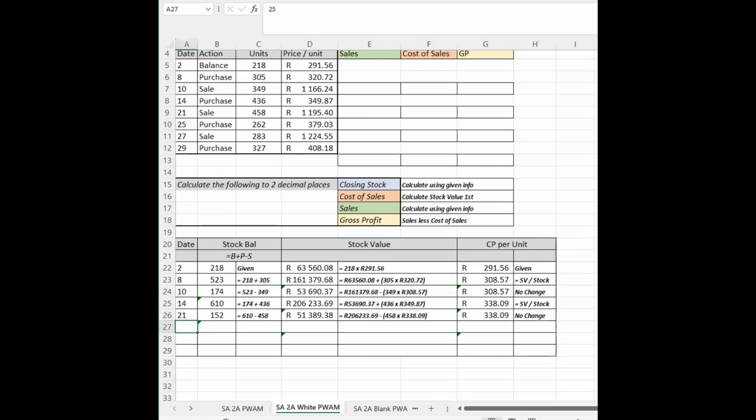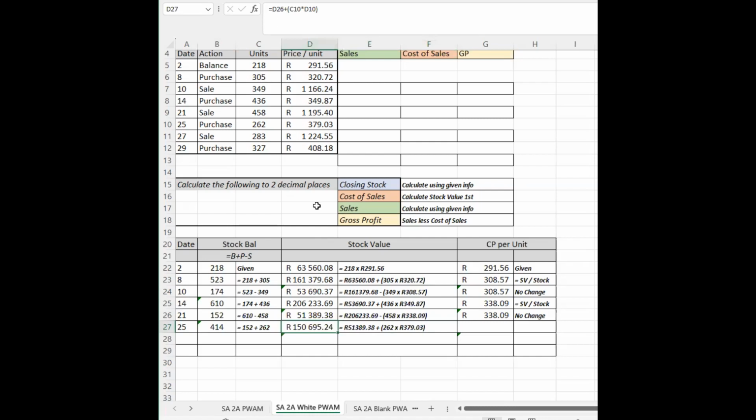On the 25th, we make more purchases. We had 152. We buy another 262 to give us a total of 414 units. Well, we need to calculate the new stock value. It is what we had, the 51,389, plus now the 262 units that we are buying at 379.